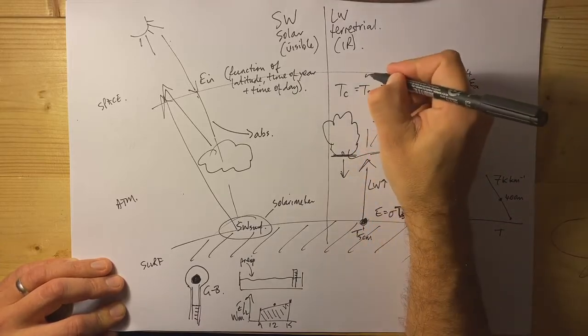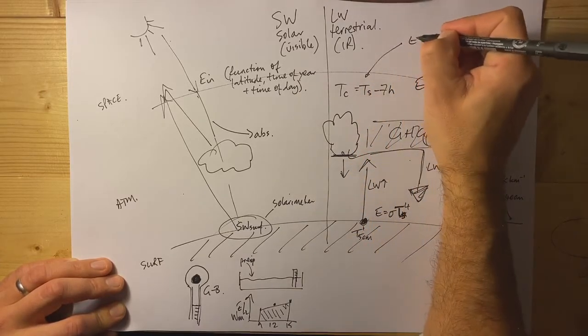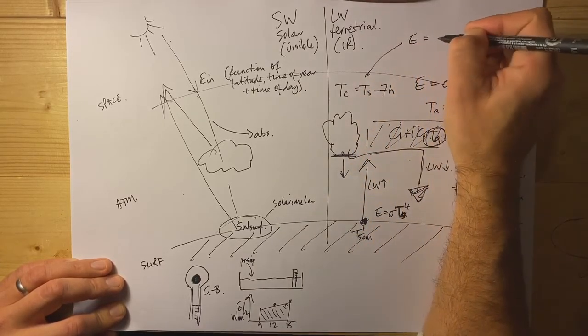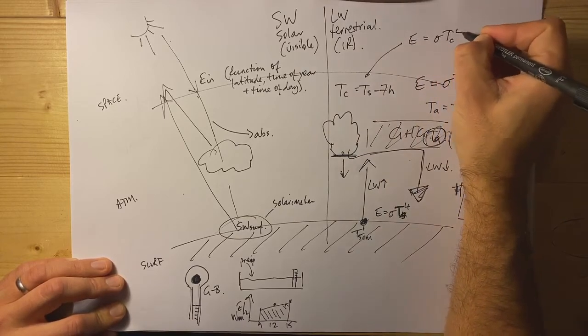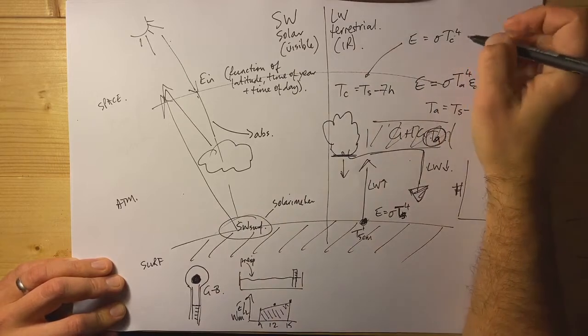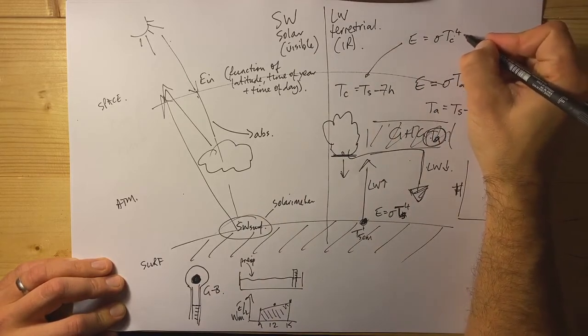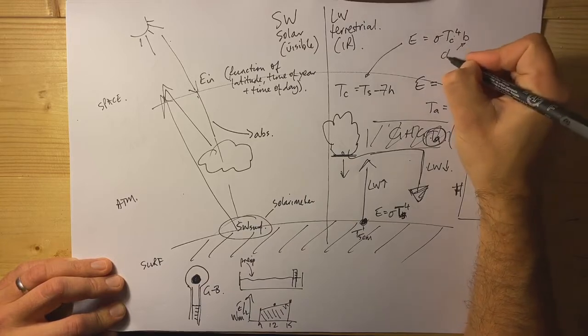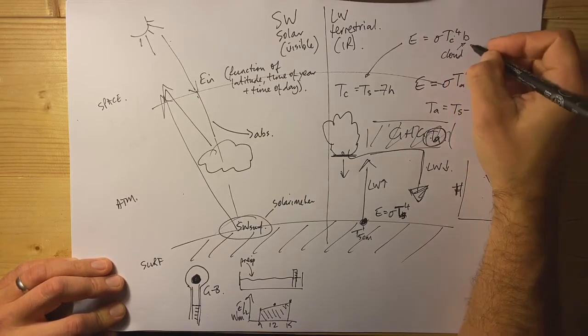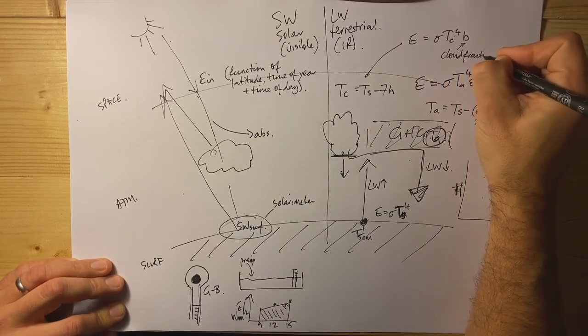Then the energy from the clouds is going to be sigma Tc to the 4, but here we also multiply it by the cloud fraction, which we call B. If the sky is completely covered in clouds, this would be 1.